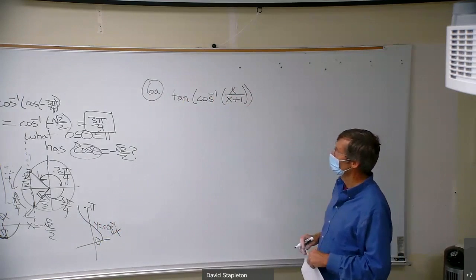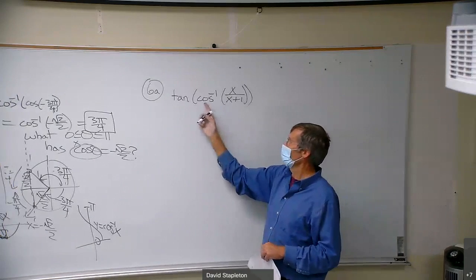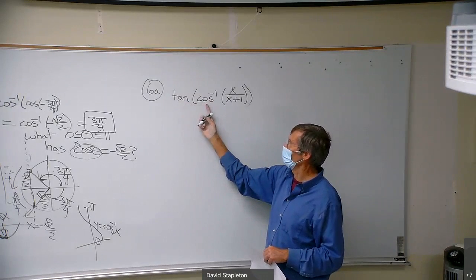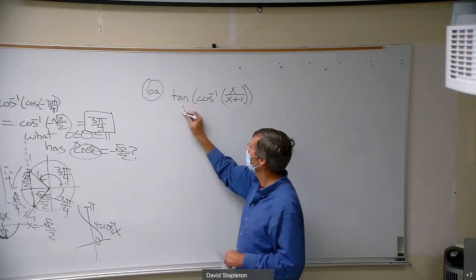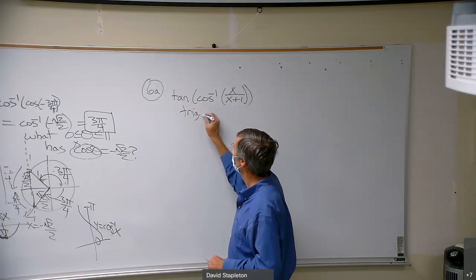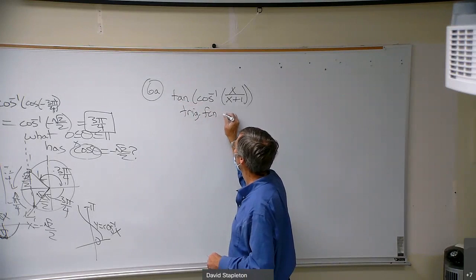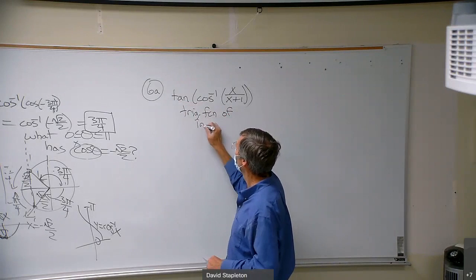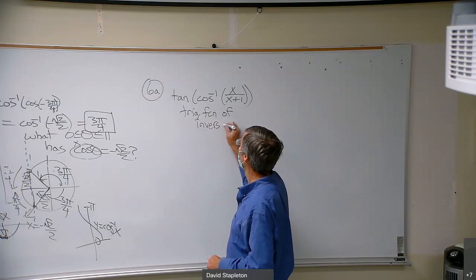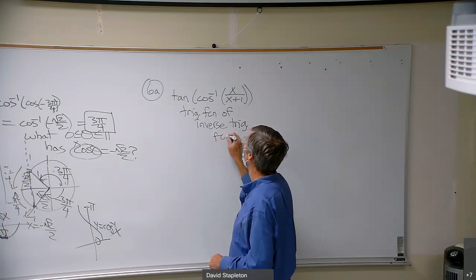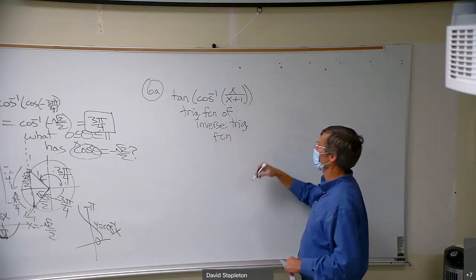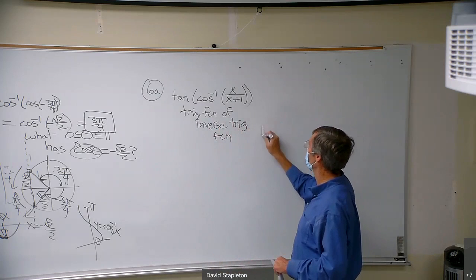Now instead of the same function as inverse, I have two different functions, but if it's a trig function of an inverse trig function, I have the following trick. For this case only, trig function of inverse trig function, I have a 1, 2, 3 method.